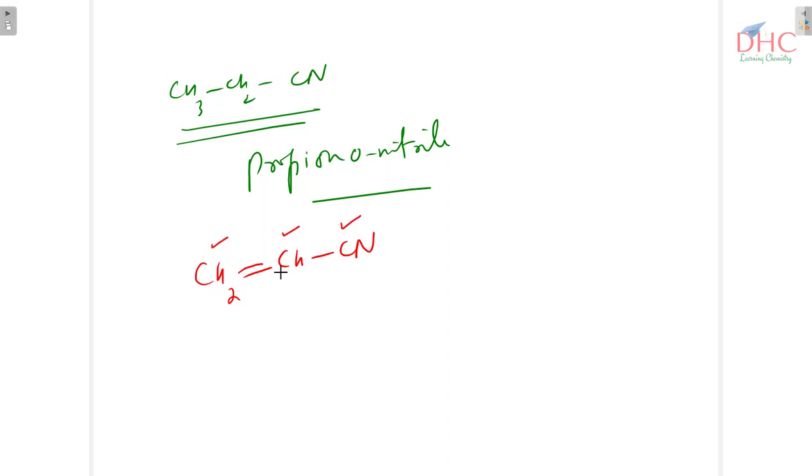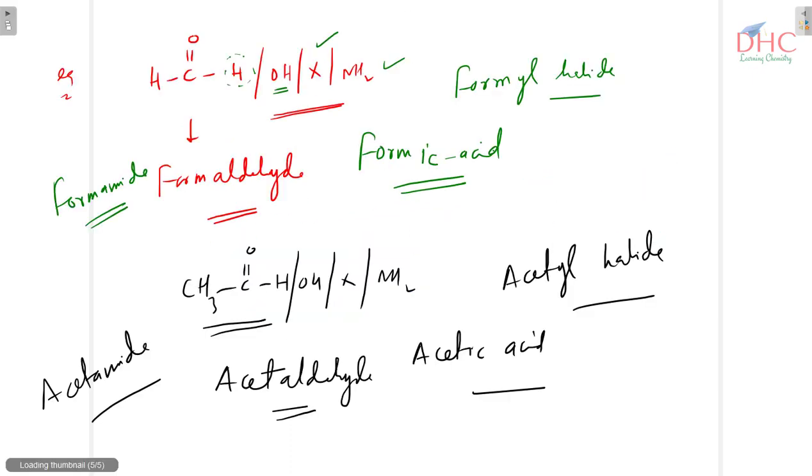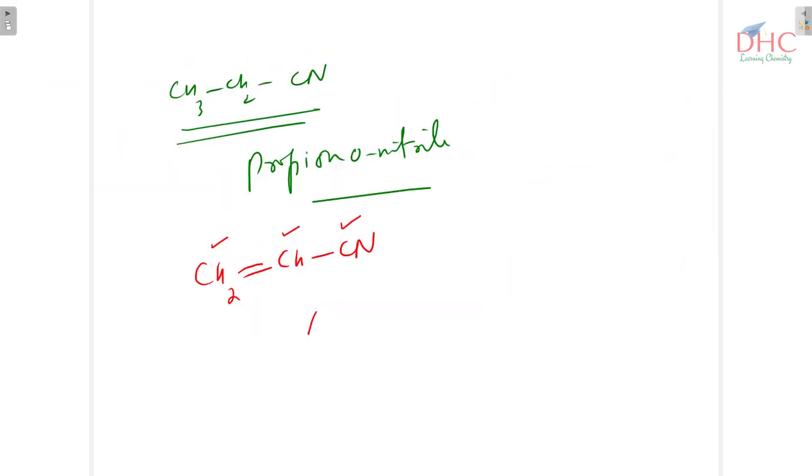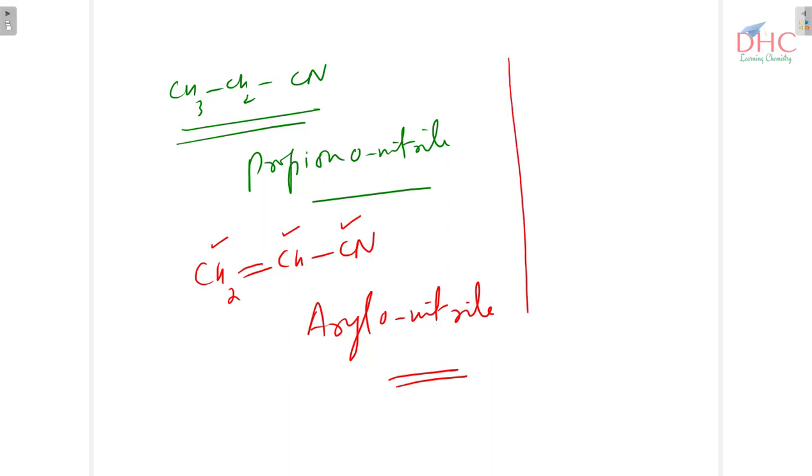So there are 3 carbons and there is 1 double bond in it. With 3 carbons and one double bond, you get the name acryl. So we will use here acryl. Then there is cyanide, what is its suffix? O-nitrile. So it's acrylonitrile. So acrylonitrile will be the name of this compound.